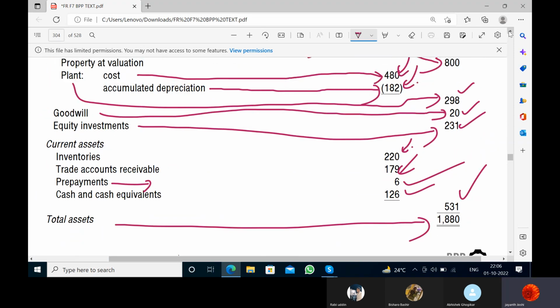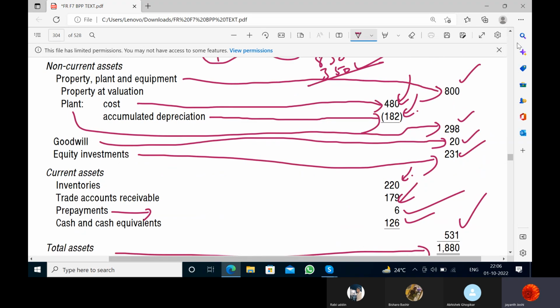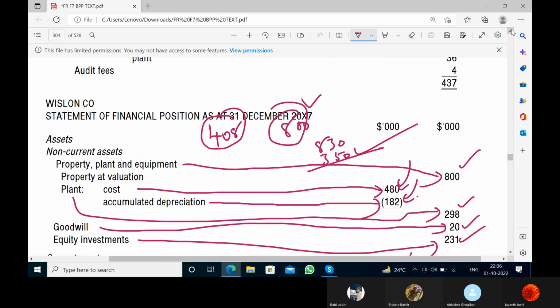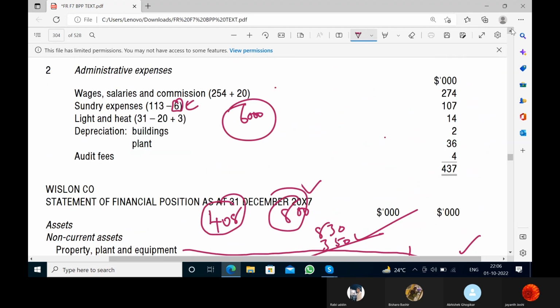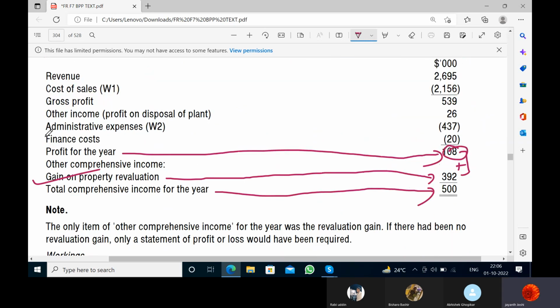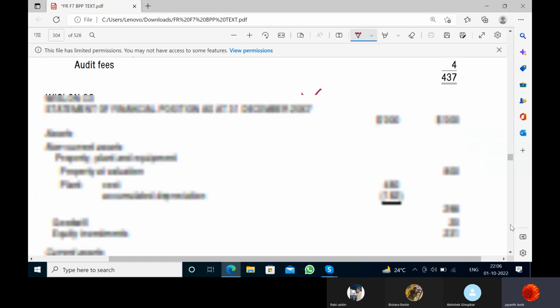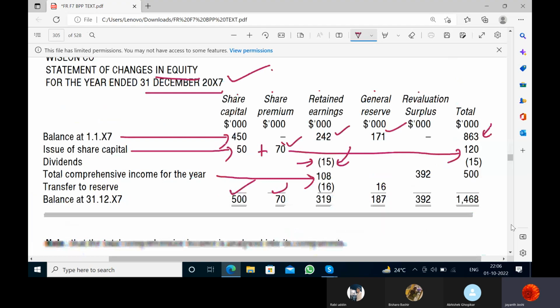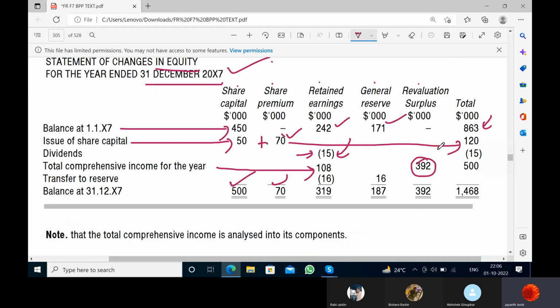So your current year's profit happens to be 108. We have added that, and also this 392 goes into the revaluation surplus account. You can see this 392 has gone into revaluation surplus. So this and this both add up to make 500.